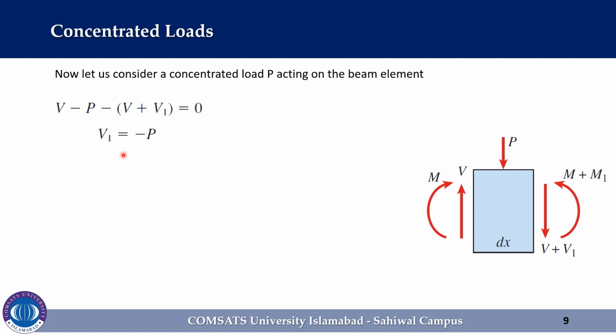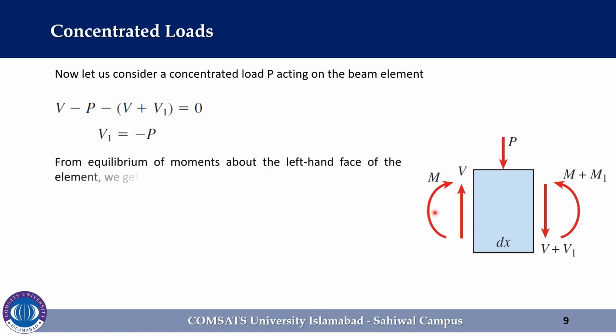From the equilibrium of moments about the left hand face of the element, considering counterclockwise moment as positive, we get: minus M minus P dx over 2 minus (V plus V1) dx plus (M plus M1) is equal to 0.